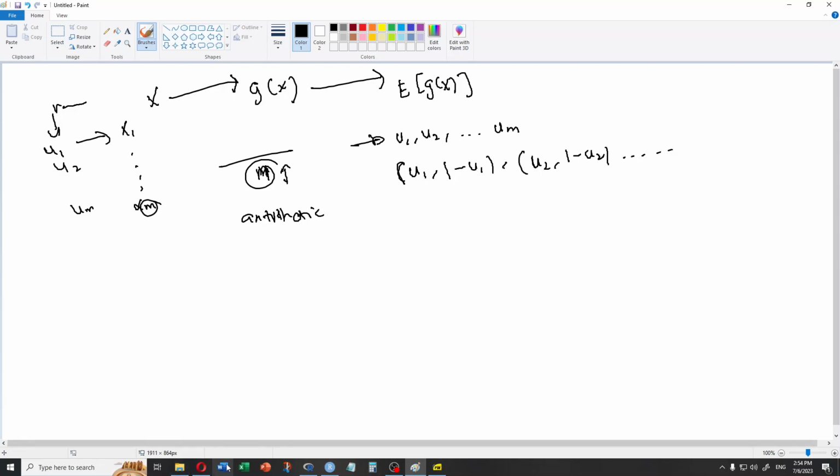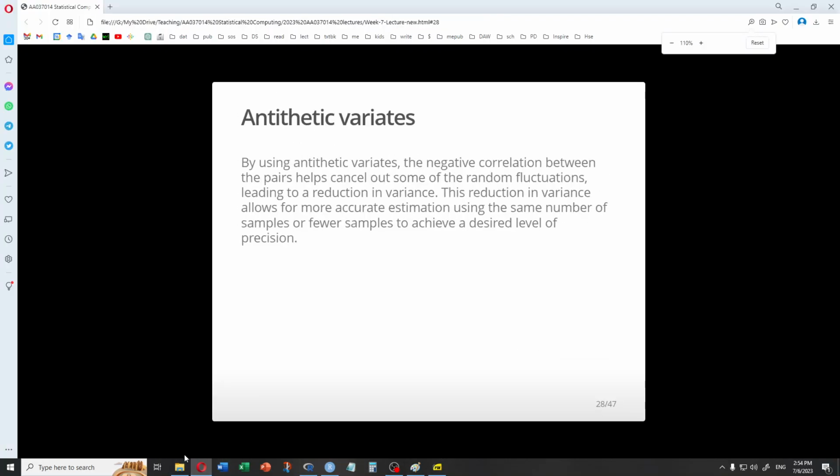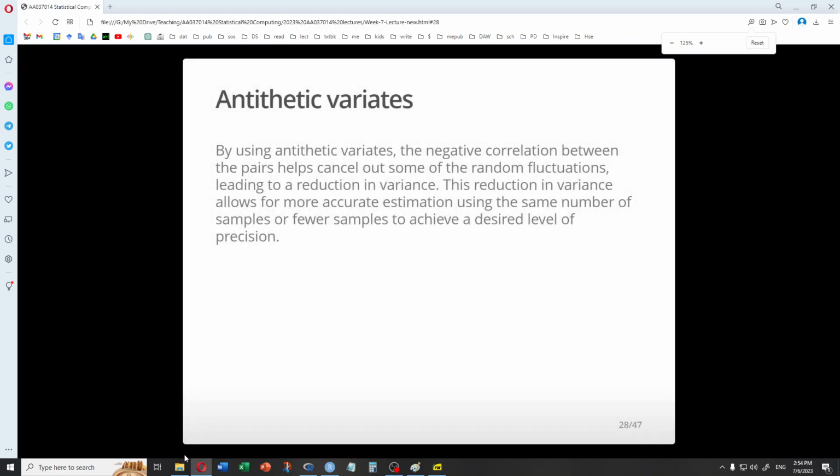By using the antithetic variates, the negative correlation between the pairs helps cancel out some of the random fluctuations.